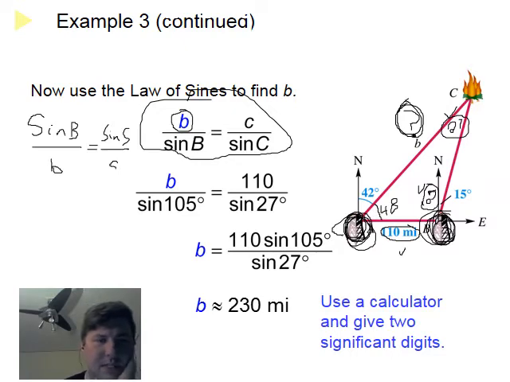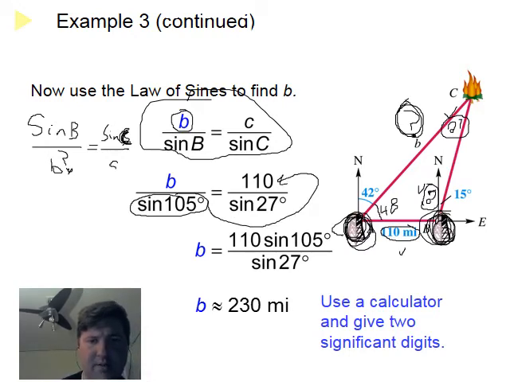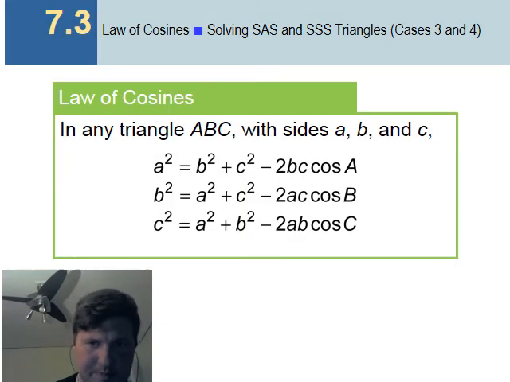So we could have done that one, but since our unknown is down here, we would have to do a lot more work to solve this for side B here, this lowercase b. As it is, we plug in everything, and then we take the sine of 105, multiply to move it over here, which is just what we've got, and plug all that in the calculator. And that was it.